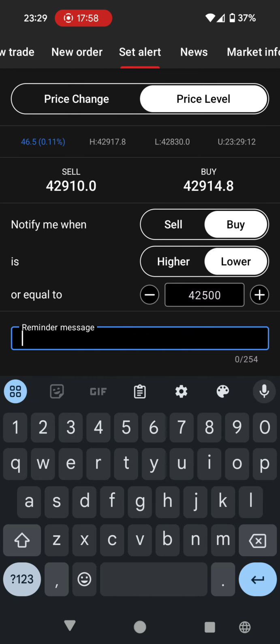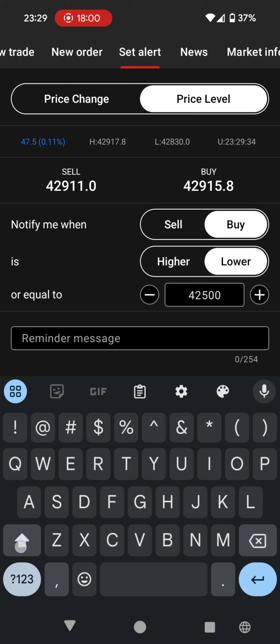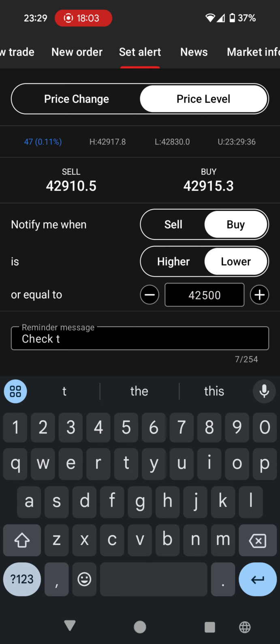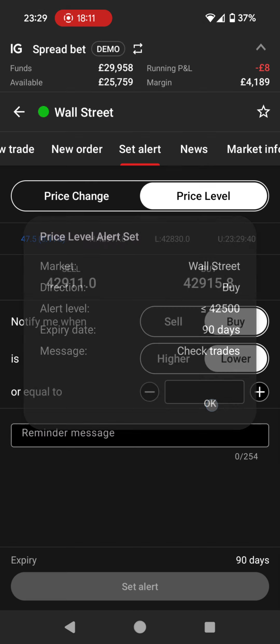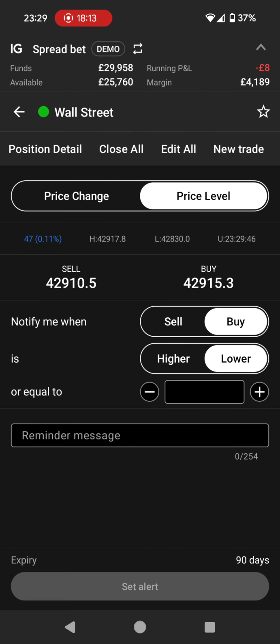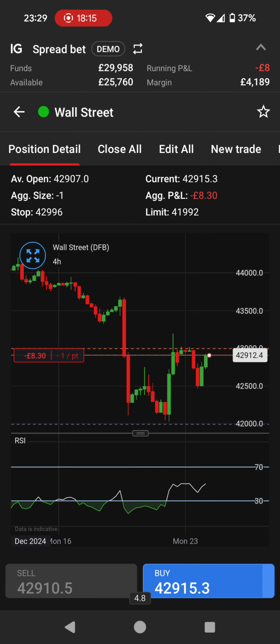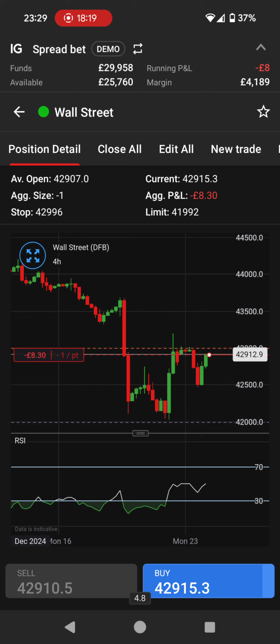Could put a message on there, check trades. That's it. Set alert. So now you don't have to do anything. As soon as that price level gets to 42,500, you're doing your shopping, and you get a little alert saying check your trades.